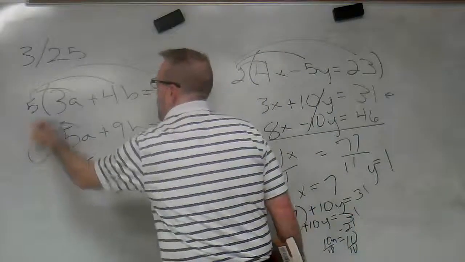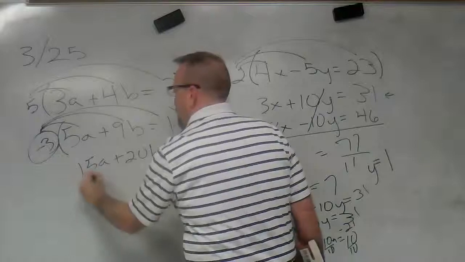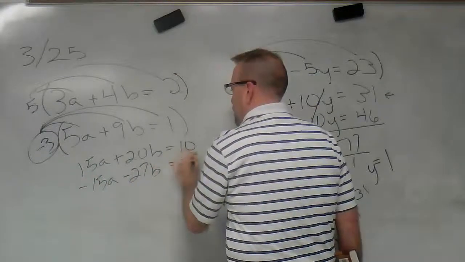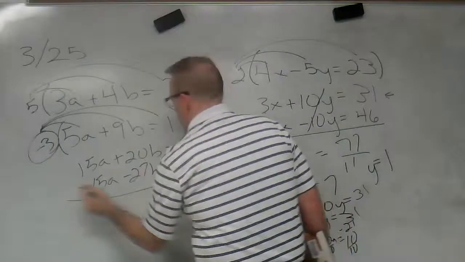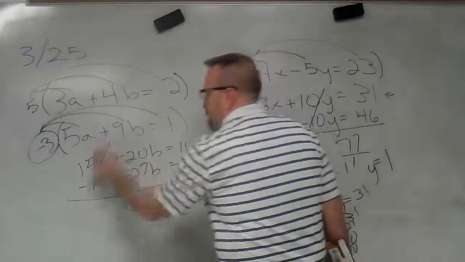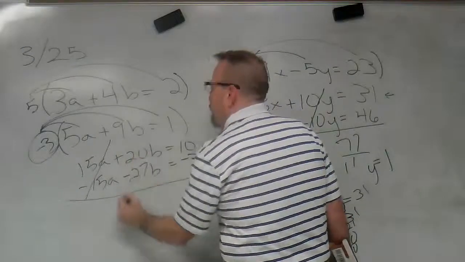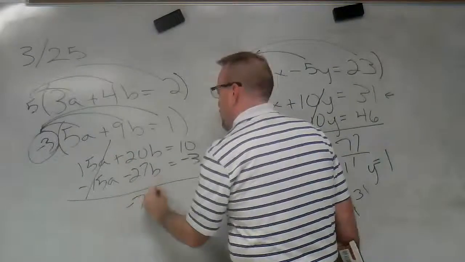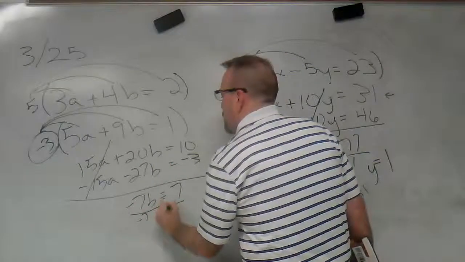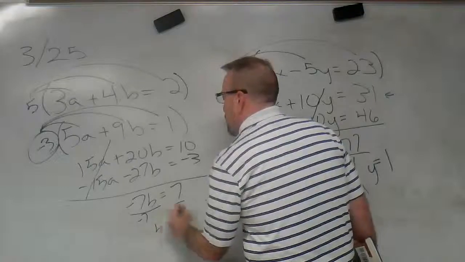Here we're going to distribute negative 3: negative 15a minus 27b, negative 3. Now they're opposite sign. That is what we want. Same number, opposite sign, so you cancel. 20 minus 27, negative 7b. 10 minus 3 is 7. Divide by negative 7, b equals negative 1.